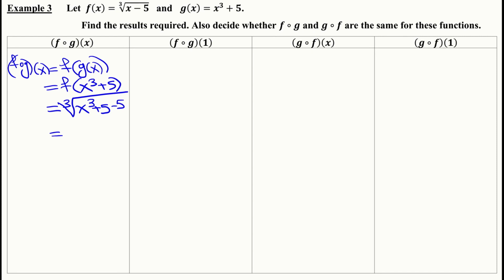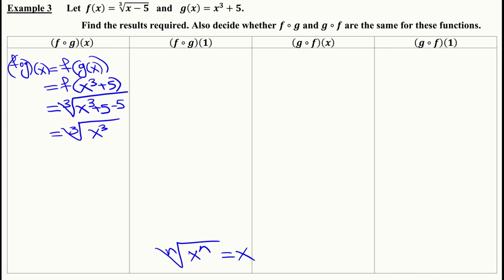So notice that becomes the cube root of, the 5's are going to cancel out, so you just get the cube root of x cubed. Well, isn't that nice? Because we know what the cube root of x cubed is. Remember our rule? The nth root of x to the n, particularly when n is odd, is definitely going to be x.